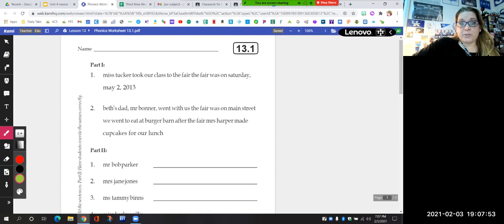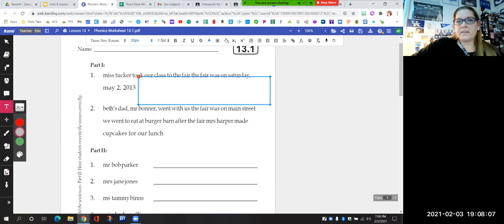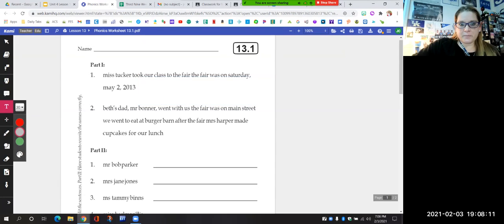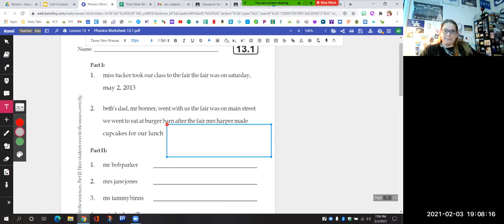If you would like to put in a text box and retype it correctly, that would probably be the easiest thing for you to do rather than tell me what each part is wrong. So just put a text box and then retype it the way that it should look. Okay. The same thing for this one right here. Just retype the way that it should be written.